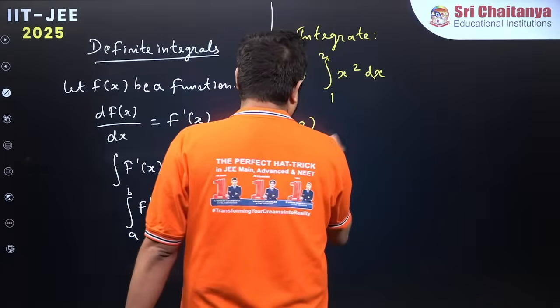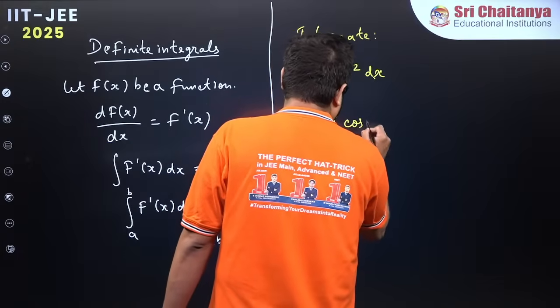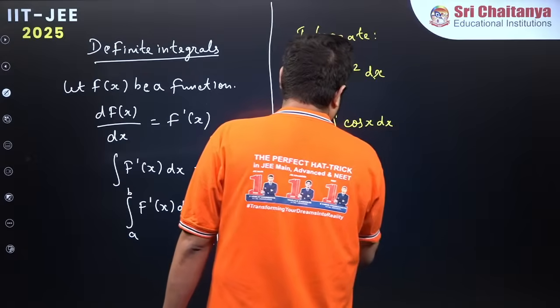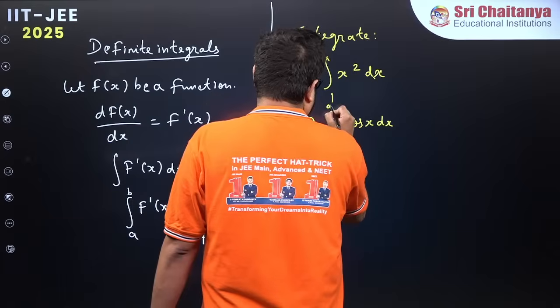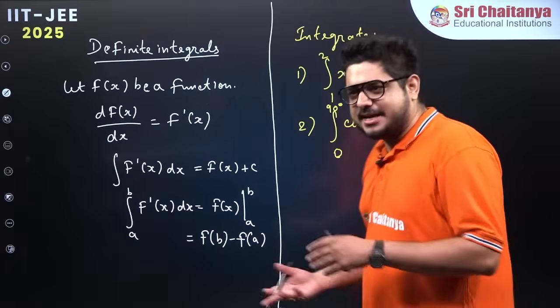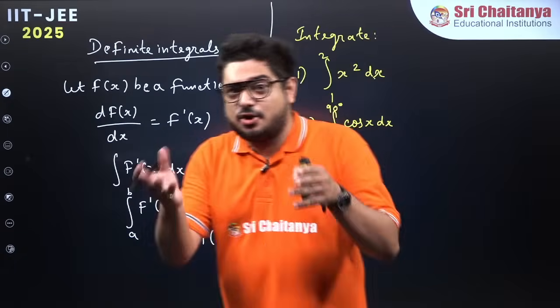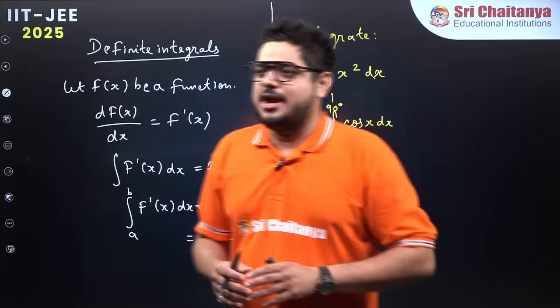And second, let's try to integrate cosine of x dx, limits 0 to, let's say, 90 degrees. 0 to 90 degrees, because I cannot use the radian version as of now. Okay, so now what needs to be done?